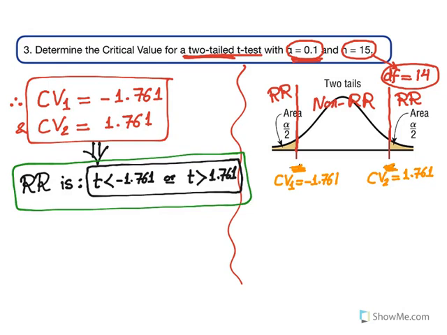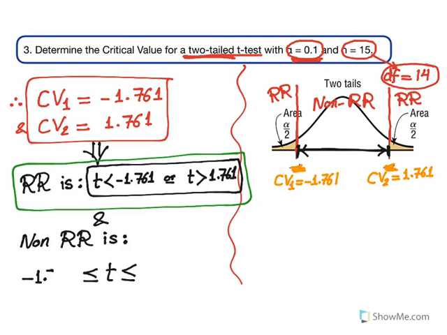And finally, the non-rejection region in this case is between the two critical values because it's a two-tail test. It's all of this here. So it is all the t that are between the two critical values, minus 1.761 and 1.761.